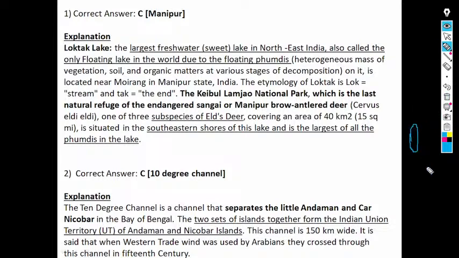Andamans are here. Let me draw this diagram. North Andaman, Middle Andaman, South Andaman, this is Little Andaman, and here is your Nicobar group of islands.